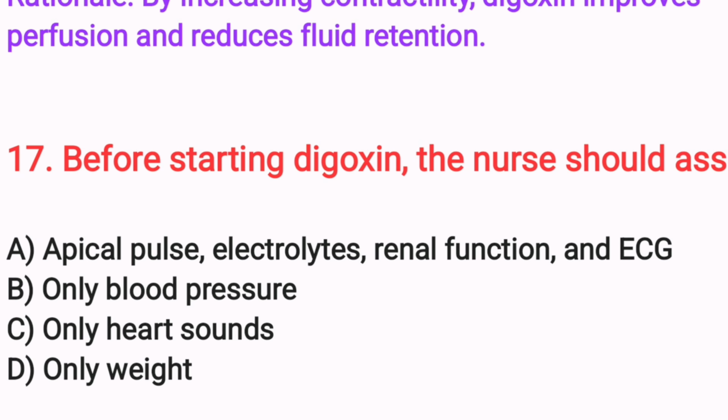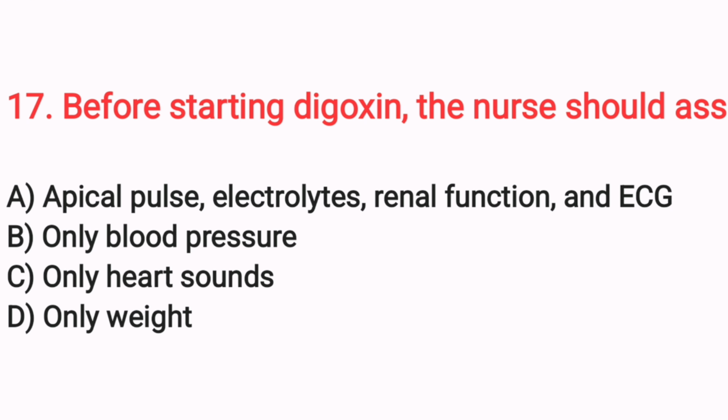Next, before starting digoxin, the nurse should assess option A, apical pulse, electrolytes, renal function and ECG. Option B, only blood pressure. Option C, only heart sound. Option D, only weight.